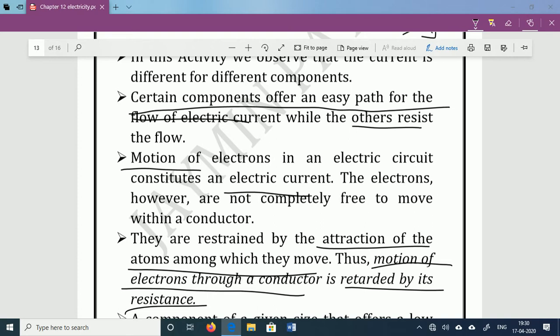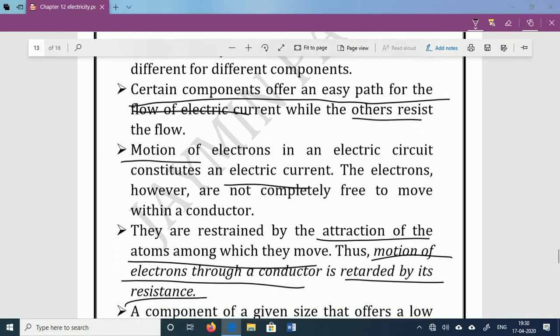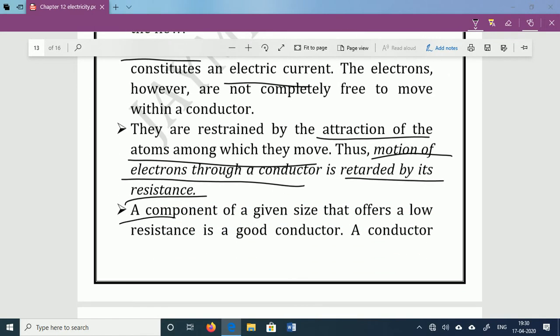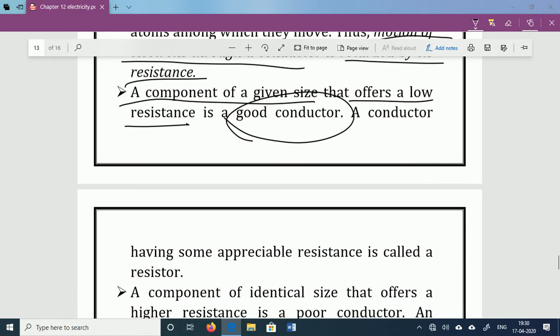If retardation is more, we can say that resistance is more. If the retardation is less, we can say that resistance is less, and on the basis of that we can classify the material. The component of a given size that offers low resistance is a good conductor, and a component that offers more resistance is a proper resistor, otherwise a poor conductor of electricity.